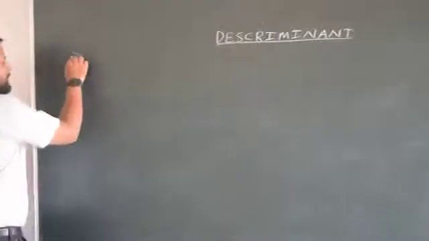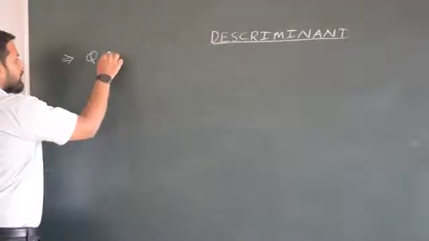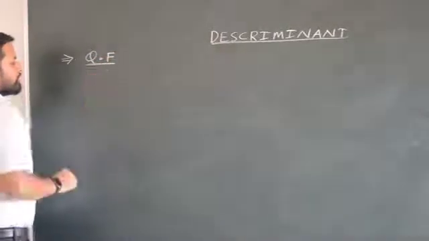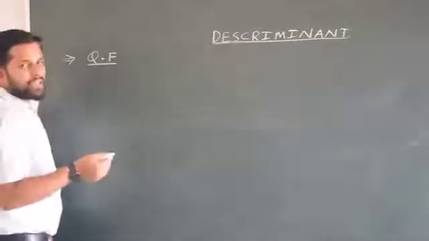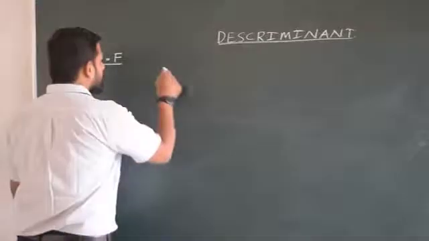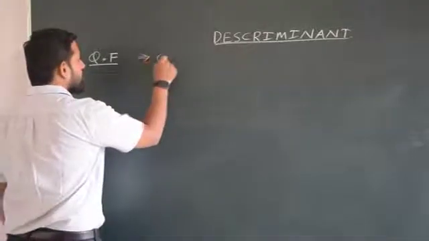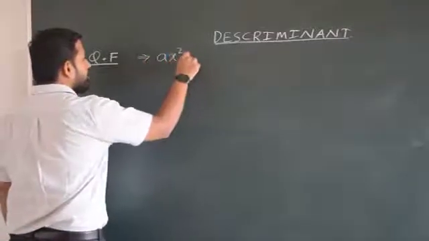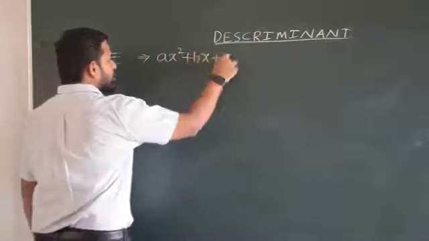Now, we have this beautiful quadratic formula, right? The general form of a quadratic equation is known to you: ax square plus bx plus c is equal to 0.